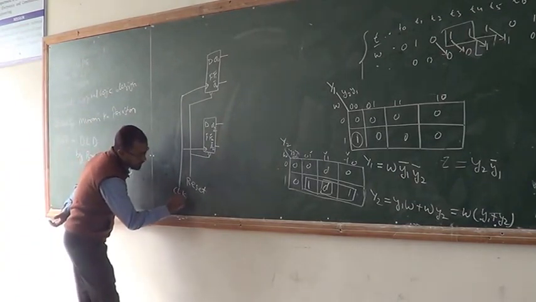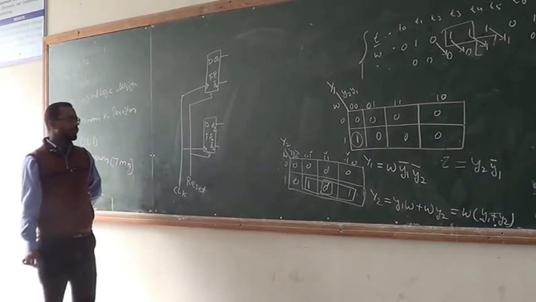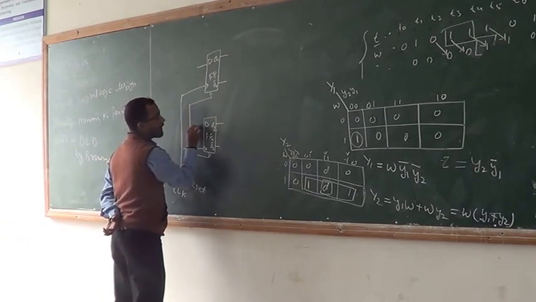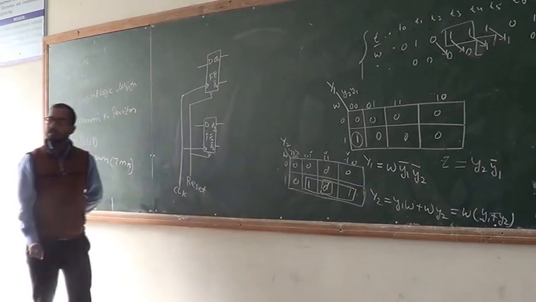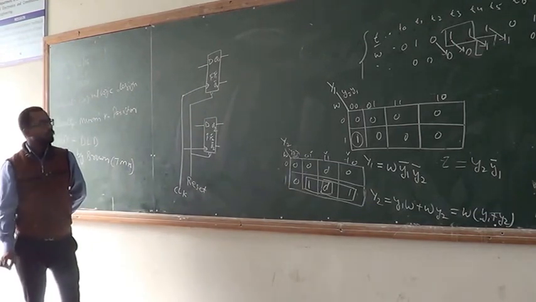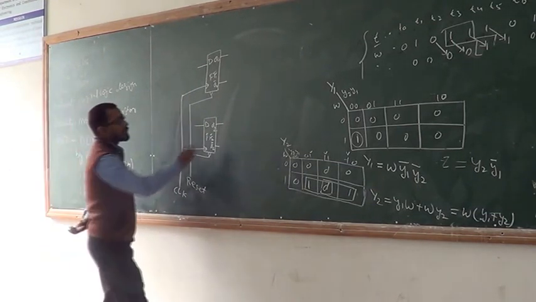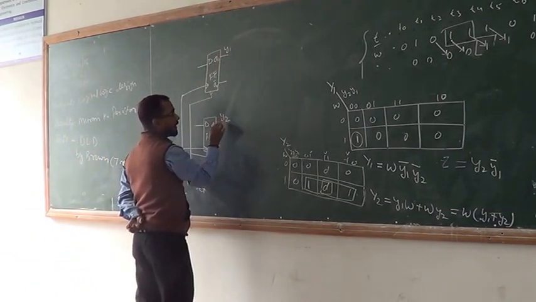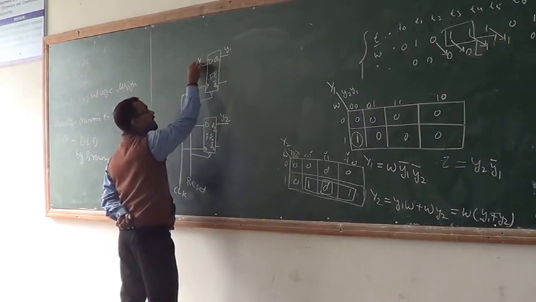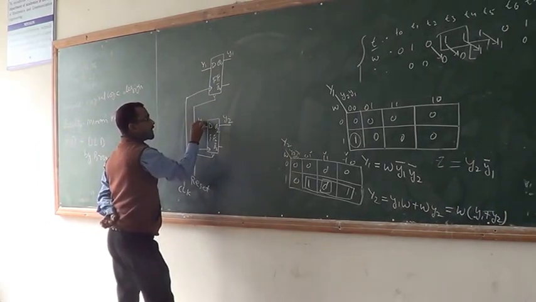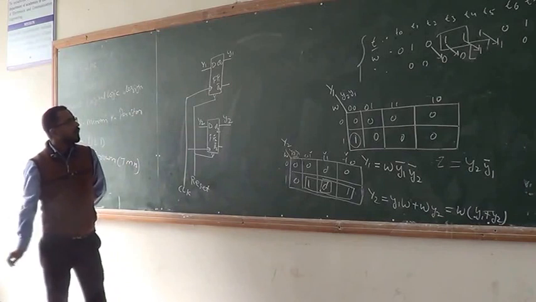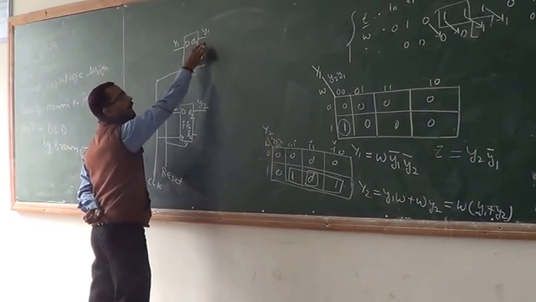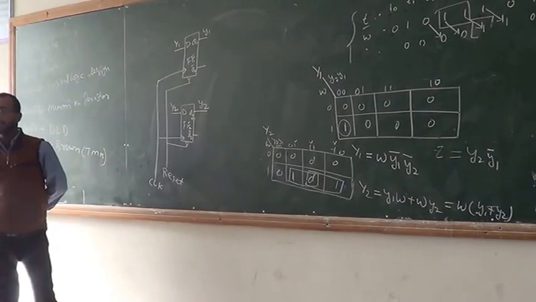Here CLK means clock. And these are D input 1 and input 2. Now this is the present state Y1 and Y2, and this is the next state. The question comes to mind: why do we consider this the present state and this the next state? Why?